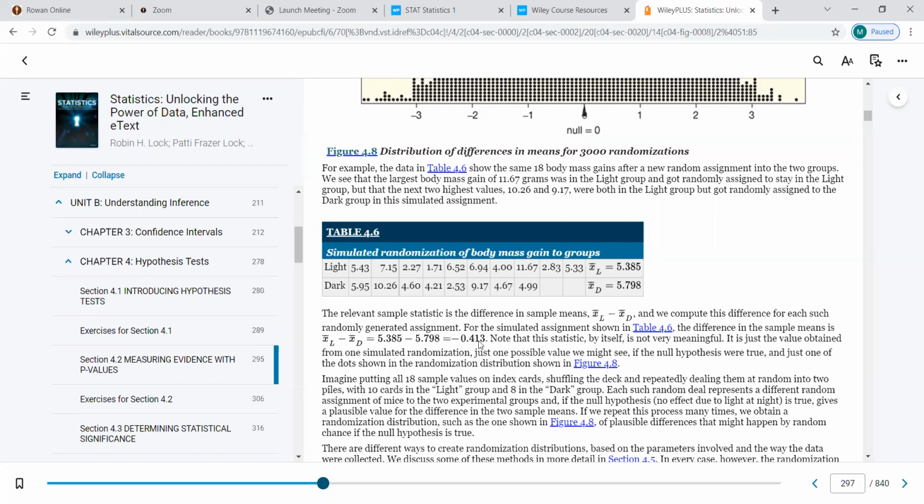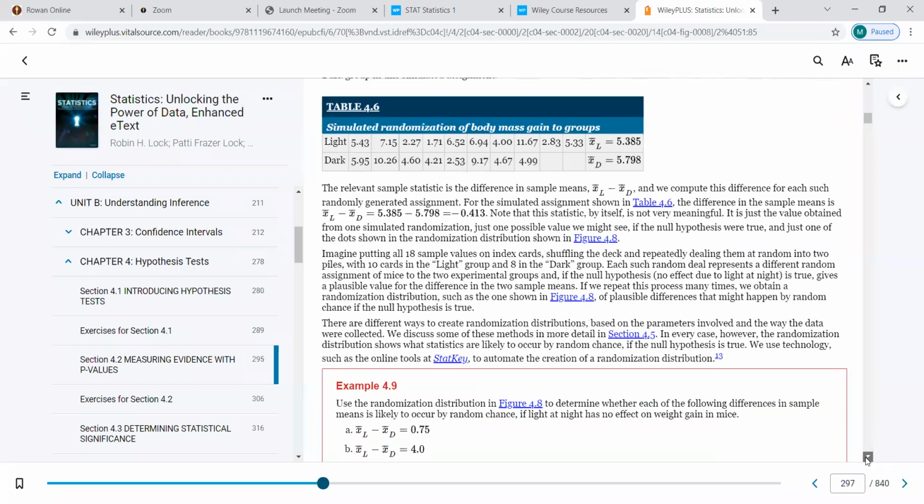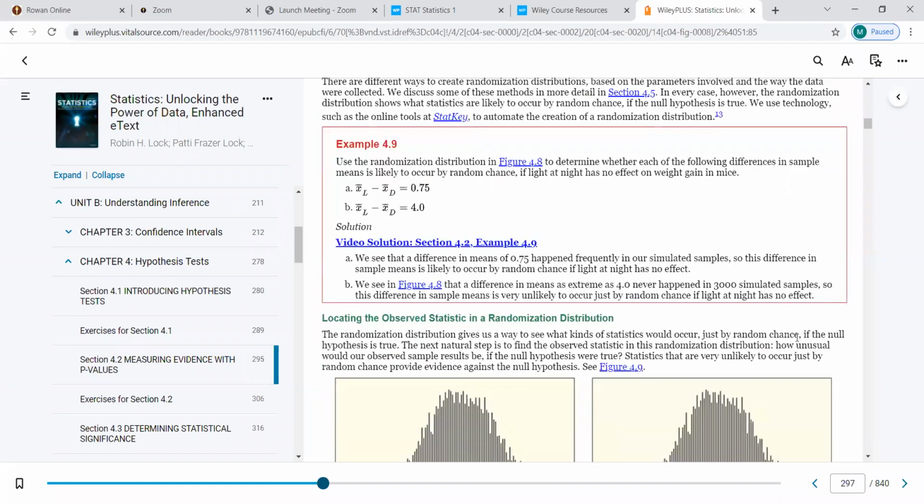So some samples are going to have positive numbers for the difference between the mean of the light group and the mean of the dark group. Some of them are going to be bigger than zero, and some are going to be smaller than zero. It's just sampling variability, and that's what they're trying to indicate here.